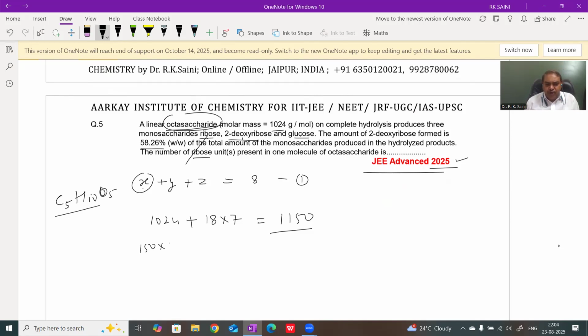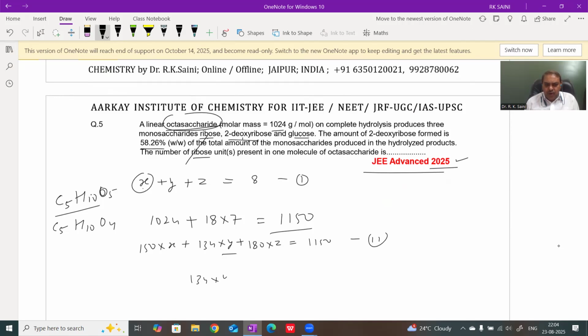Therefore, 150 into X. For 2-deoxyribose, the second position of carbon loses one oxygen. Therefore, its molecular formula is C5H10O4 and its molar mass is 134, into Y. The molar mass of glucose is 180. Therefore, 180 into Z, and the total weight is 1150. This is equation number 2.